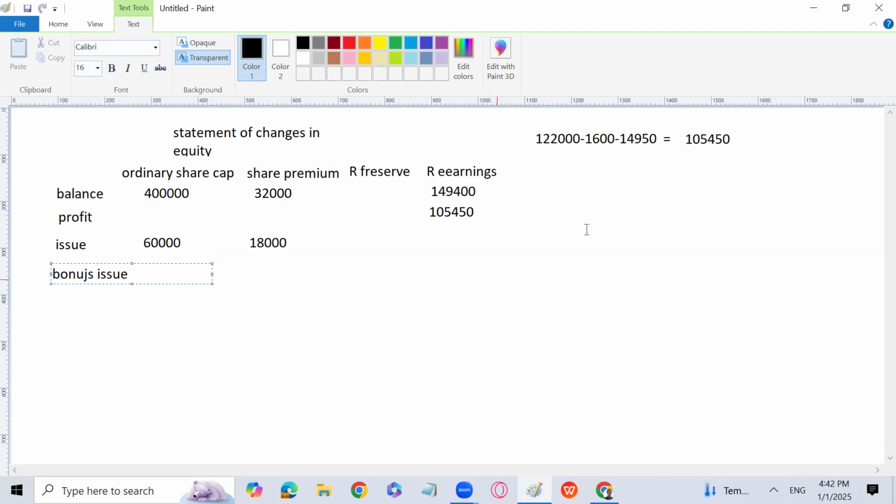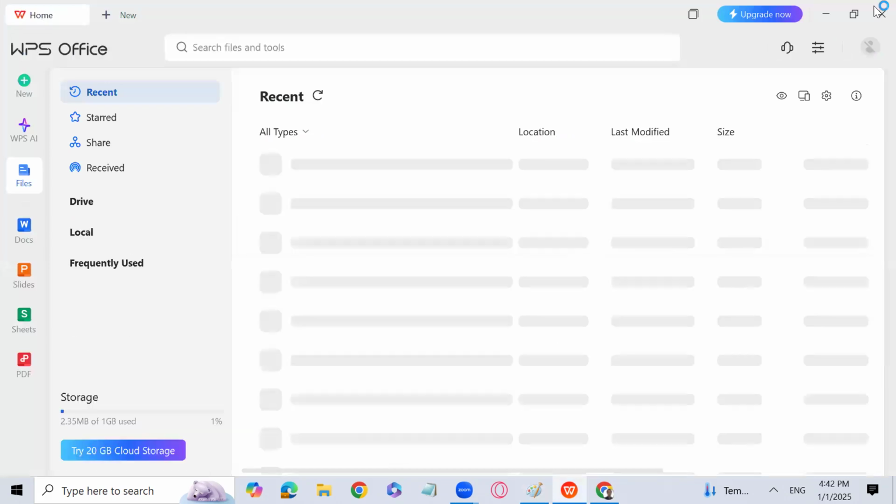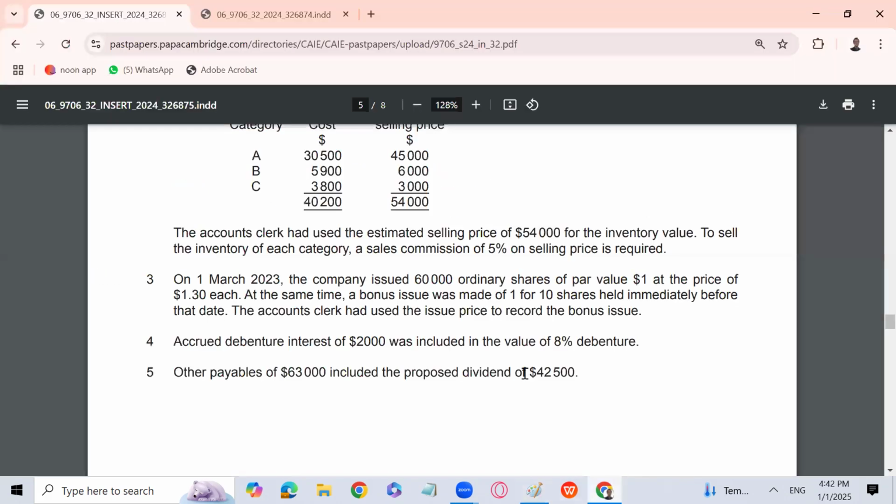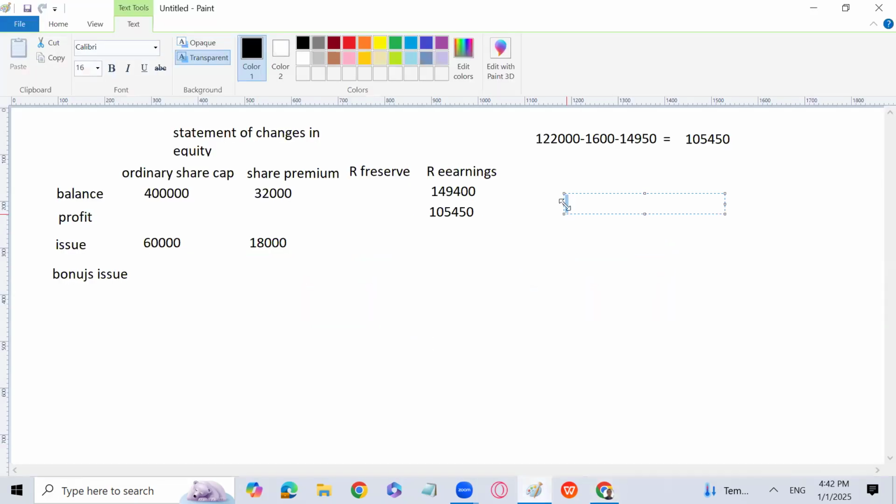The adjustment is given that 1 for 10, on the previous issue, that is 4 lakh. So I will do 4 lakh divided by 10. So the bonus share is going to be 40,000 and that will be taken out of share premium because we have enough premium available and bonus shares can easily be issued from the share premium. So I will add 40,000 in share capital and subtract 40,000 from the share premium account.